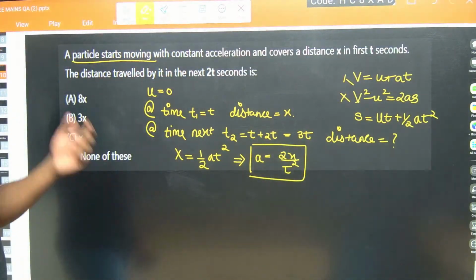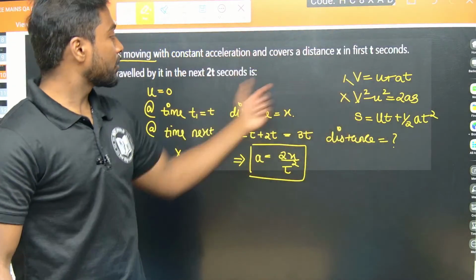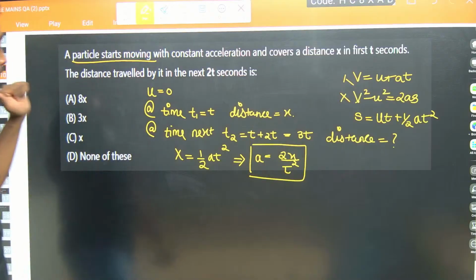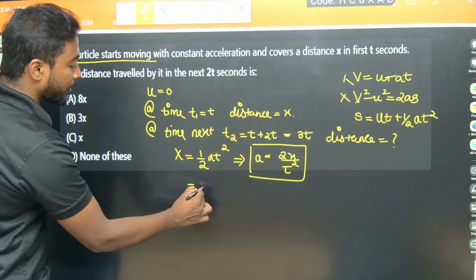Now what they are asking is how much distance has been covered in the next 3t seconds. So I should keep the distance as it is.